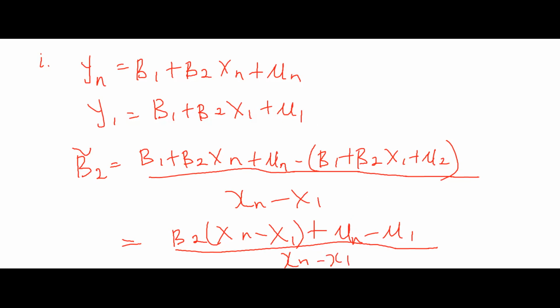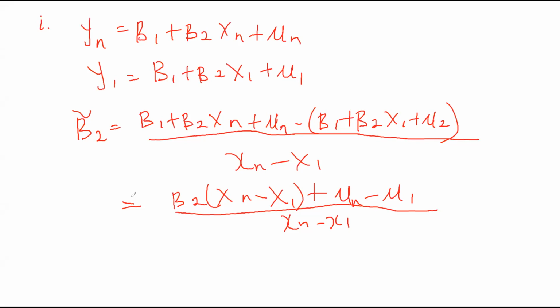So if you split it, dividing this by this, you have b2 plus (un minus u1) all over xn minus x1.